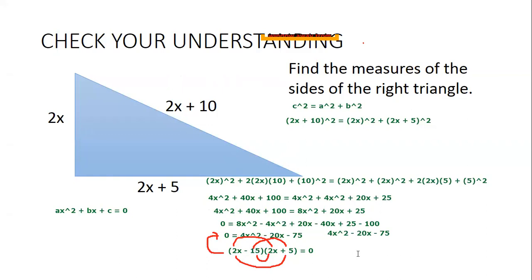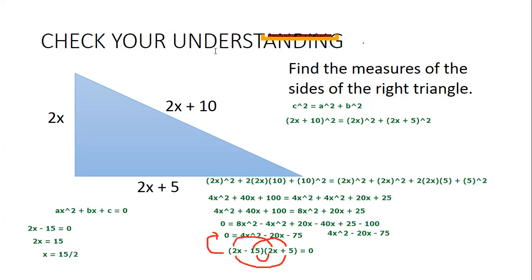After we got the factors, we need to equate each factor to 0. So 2x minus 15 equals 0. To solve for the value of x, 2x equals 15. Dividing both sides by 2, x is equal to 15 over 2, that's 7.5, or just simply 15 over 2.